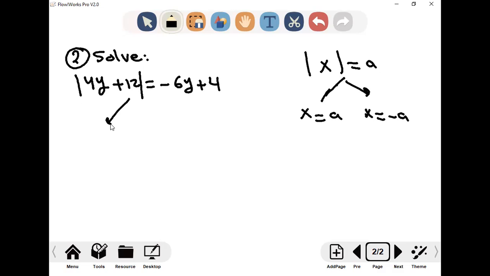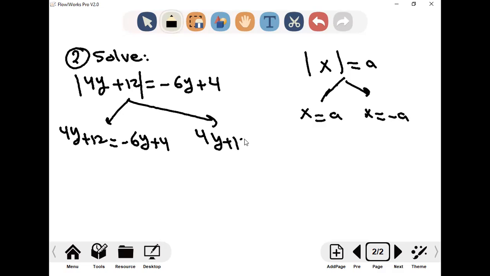So here I have two solutions. Either 4y plus 12 equals the same, negative 6y plus 4, or 4y plus 12 equals negative of negative 6y plus 4.